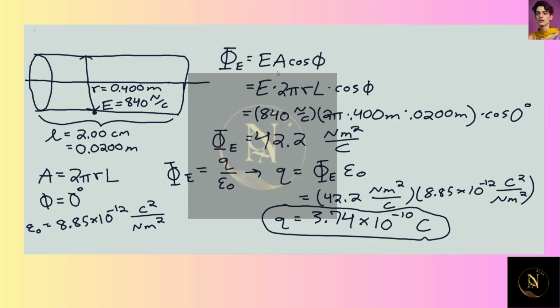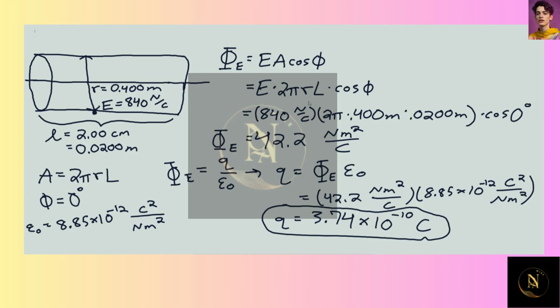So I made a substitution for the surface area of just 2 pi r times L. We don't need to worry about the end caps of the cylinder, the front end and the back end, because there is no electric field there. The electric field goes out of the side of the cylinder, not into the cylinder. So we're only worried about the surface area on the outside, not the end caps. That's all that matters.